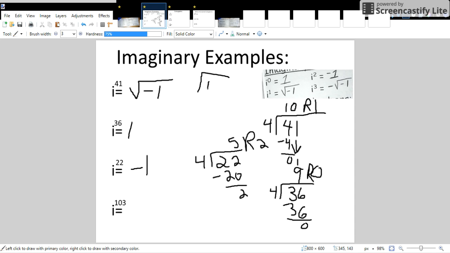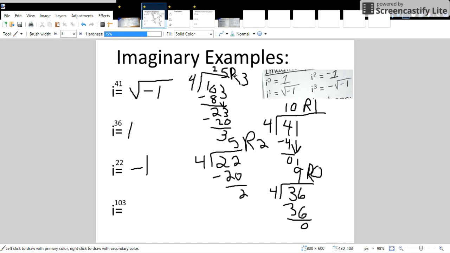Okay, so now we have 103 divided by 4. So 4 goes into 10 2 times. So subtract the 8. 10 minus 8 is 2. Carry down the 3. 4 goes into 23 5 times. 4 times 5 is 20. Subtract the 20. You have a remainder of 3. So 25 remainder 3. And again, the whole number is not too important here.